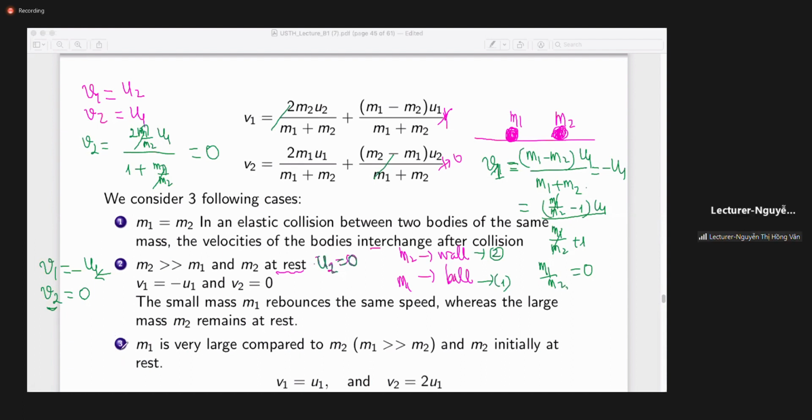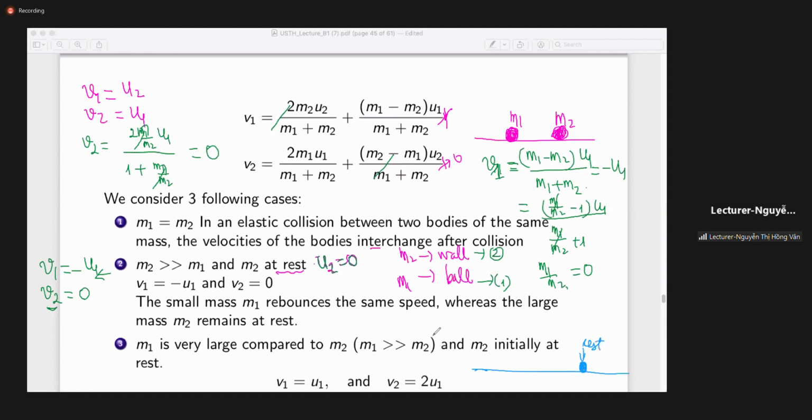The third case. If M1 is very large compared to M2, vice versa, right? M1 is very large. And M2 is initially at rest. How about this case? So in this case, you have a very small object here, at rest.